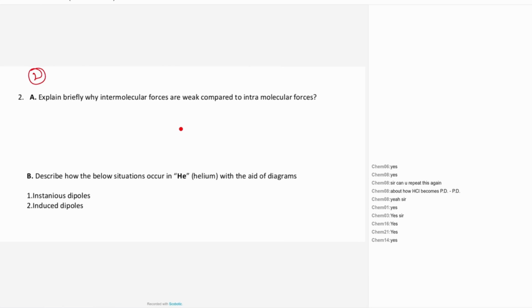Intermolecular forces are weak electrostatic attractive forces between the opposite poles of molecules.